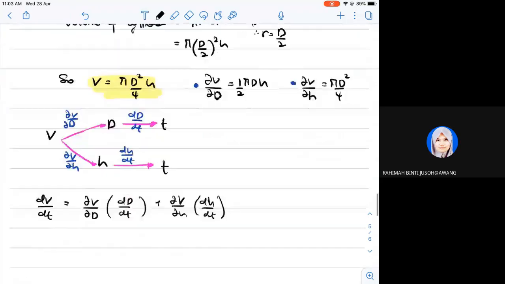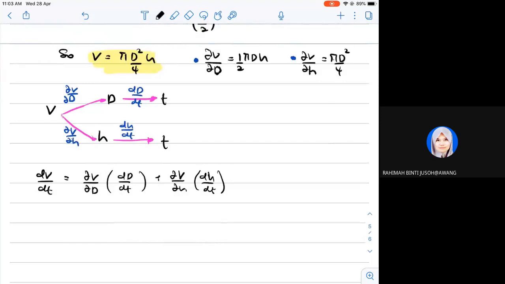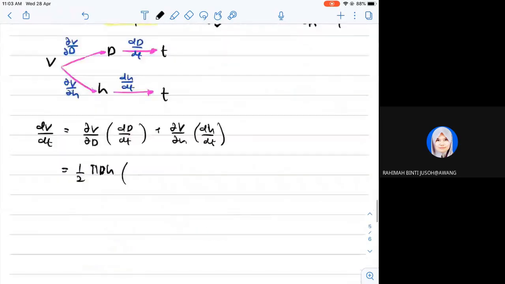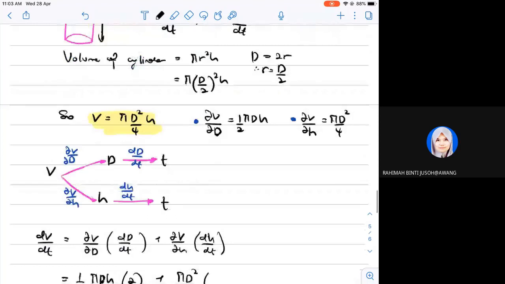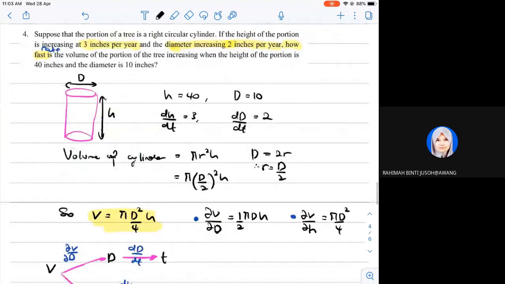Okay, so now we need to substitute into this chain rule. We have 1 over 2 pi DH times dD over dt, which is 2, plus del V over del H, pi D squared over 4, multiply with dH over dt, where dH over dt equals 3.